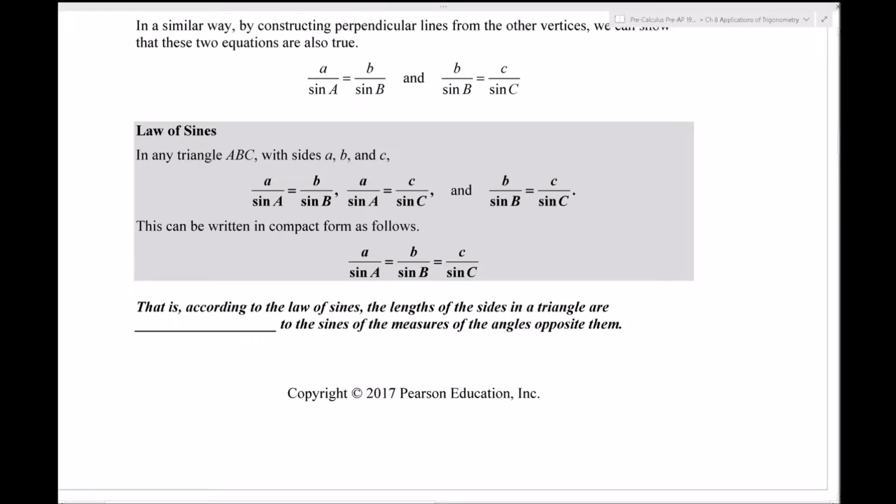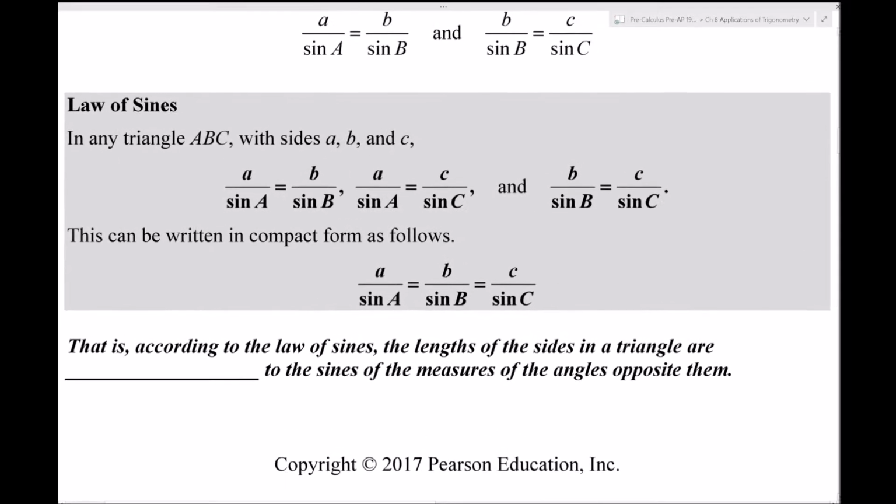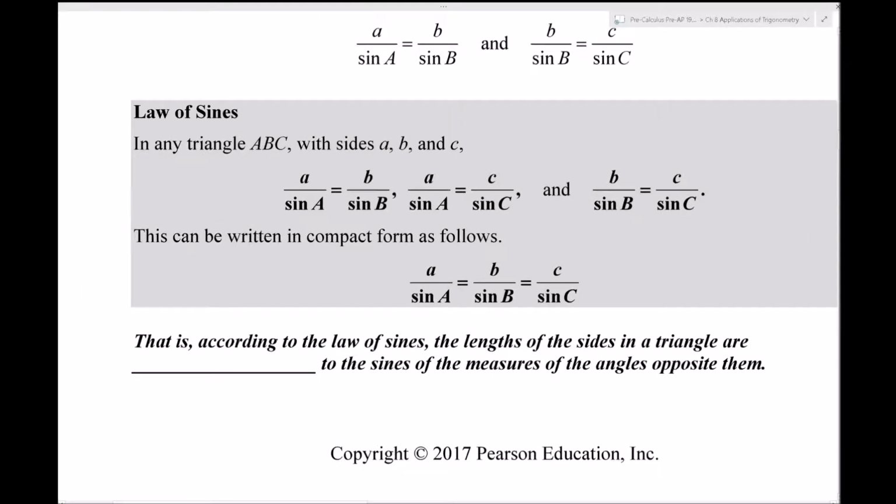So here's law of sines two different ways. And they wrote it in a way that was different than the way that I wrote it. Some textbooks do it with the side lengths on top and the sine of the angles on the bottom. The way that I normally write them is the angles are on top and the side lengths are on the bottom. Doesn't really matter. It's the same for both.